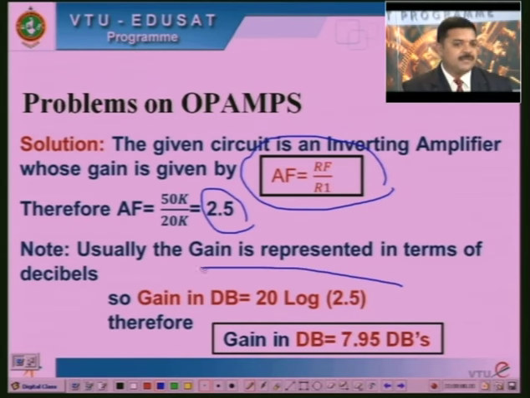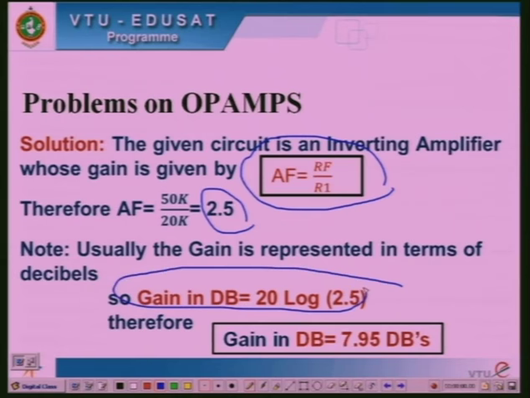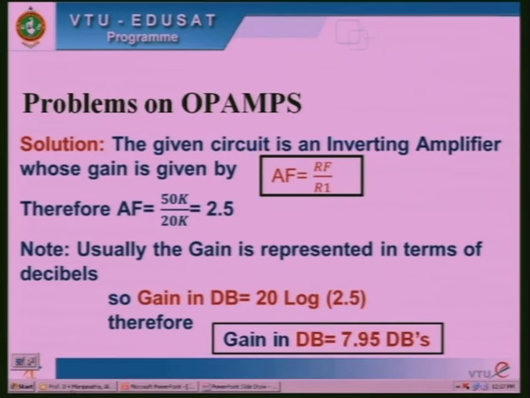So, gain in dB is given by 20 log 2.5, which is found to be 7.95 dBs. So, we got gain in dB as 7.95 for this problem. Now, let us move on to the next problem.